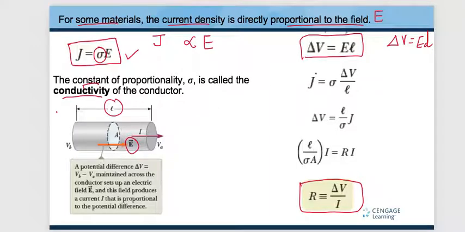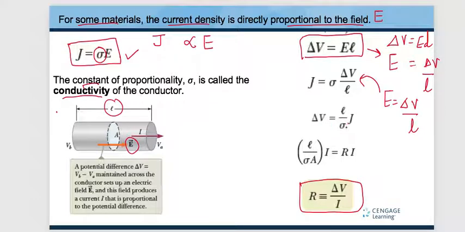So here delta V is equal to EL, because L is the distance between the two faces of the conductor. So we can get E from here: E is equal to delta V over L, and that we replace back into the formula for current density.